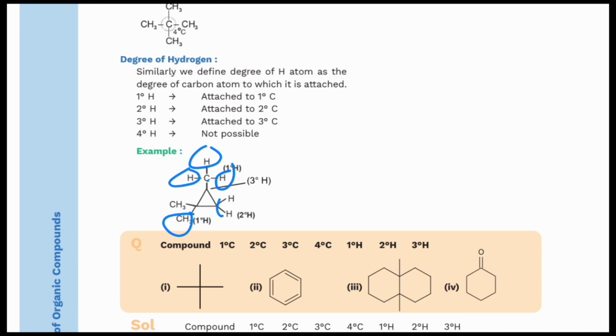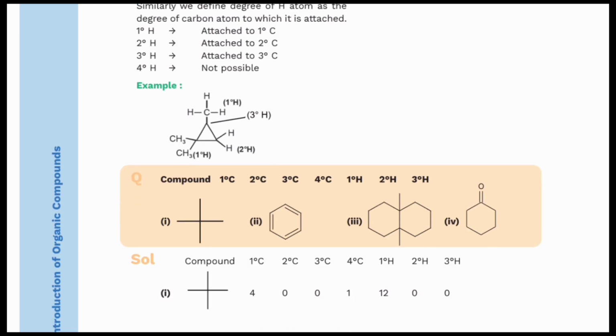But this carbon here is attached with two carbon atoms, one here and the other here, so its hydrogens will be 2° because it is a secondary carbon. Okay, so its hydrogens will be secondary hydrogens.